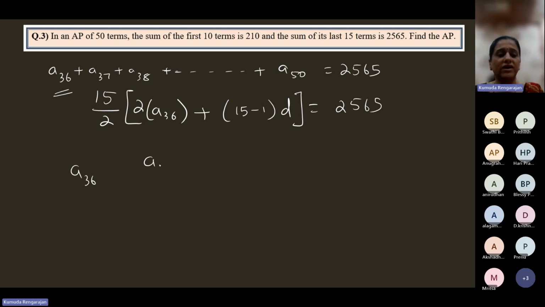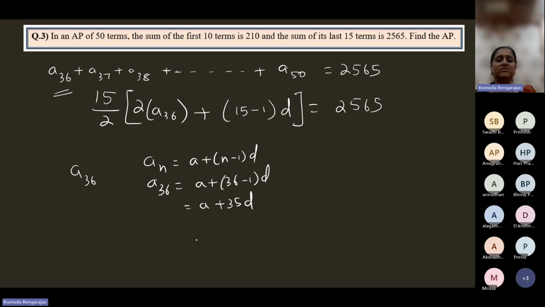What is AN? A plus N minus 1 into D. So A36 will be A plus 36 minus 1 into D. So it is A plus 35D. A36 is A plus 35D.